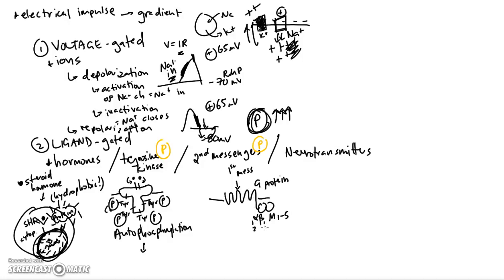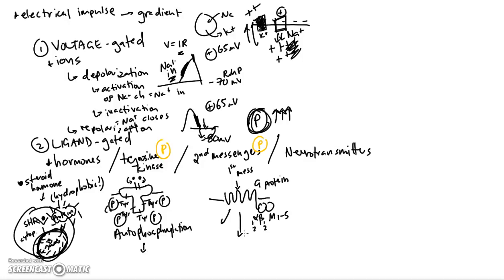In beta, there's beta 1 and beta 2. So we know that the G protein can be coupled to any type of receptor. It could be an alpha 1 receptor, an M2 receptor, or a beta 2 receptor. It just depends on what is attached, and what is attached determines what cascade comes after it.